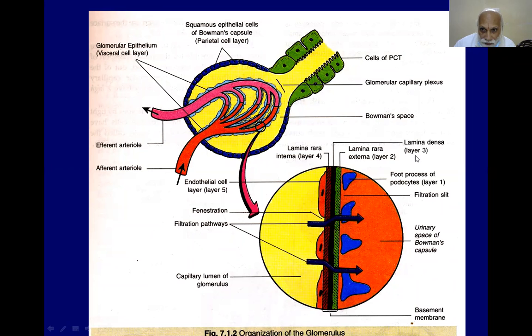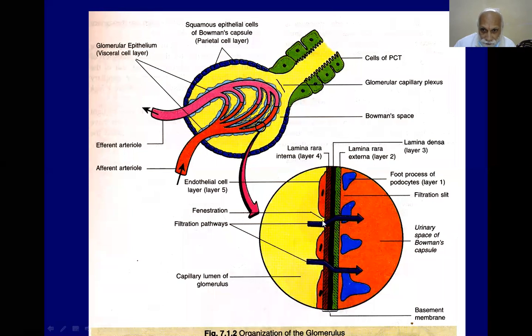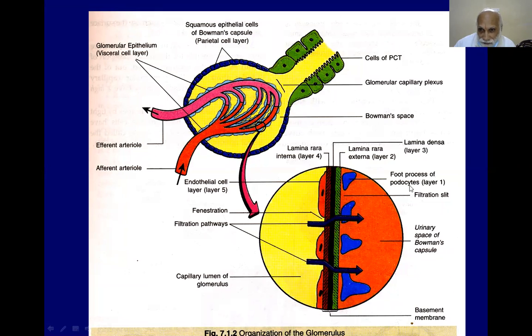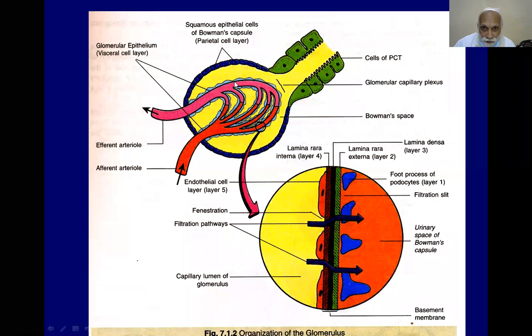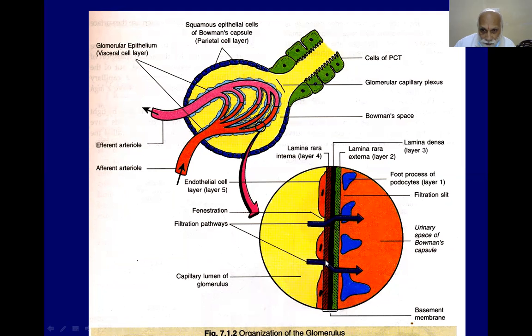The basement membrane is in between, and you are seeing here the foot processes, or pedicels, of the podocytes, which are a part of the visceral layer. This blue portion, then the urinary space of the Bowman's capsule. Now the whole thing is the filtering membrane. Mainly through these pores, the fluid passes from the capillaries into the Bowman's space.